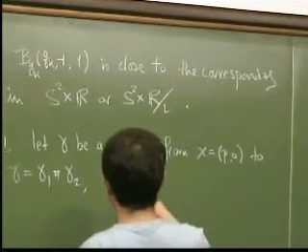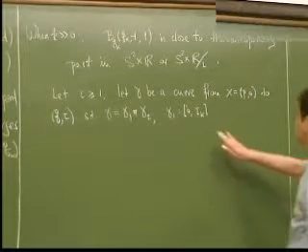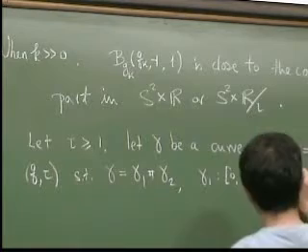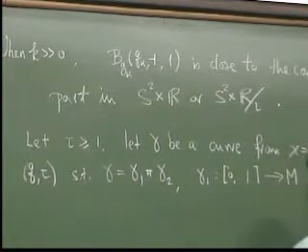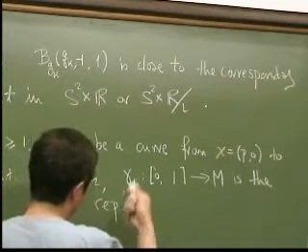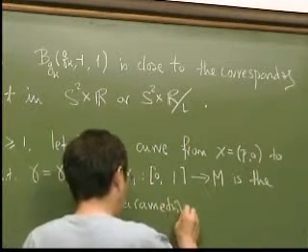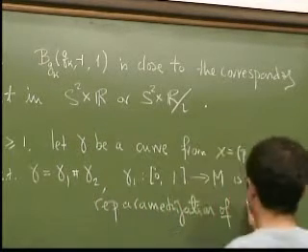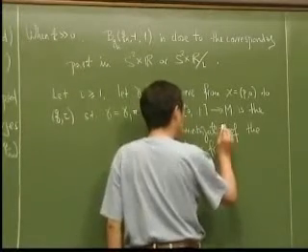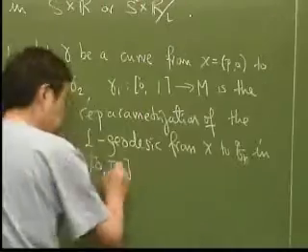Gamma 1 is from 0 to 1, a reparametrization, a scaling of a curve, the geodesic from x to q_k on the interval 0 to tau_k.